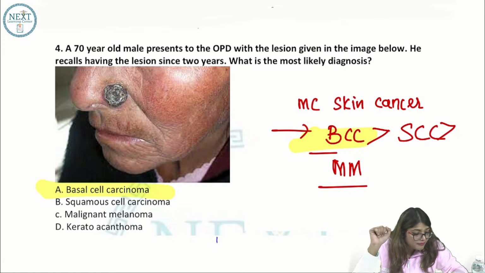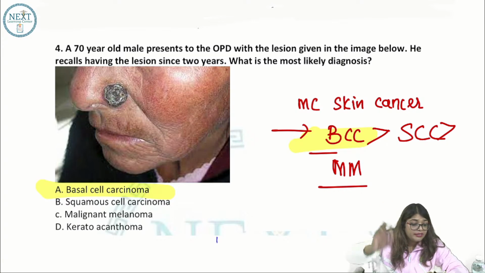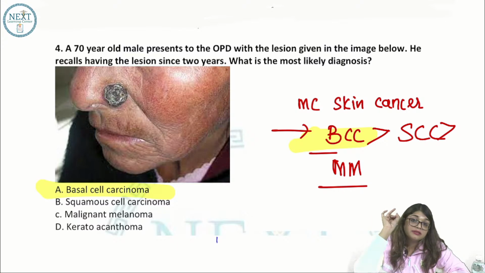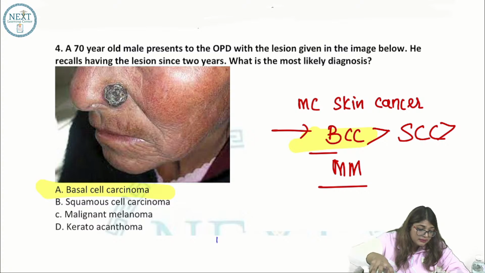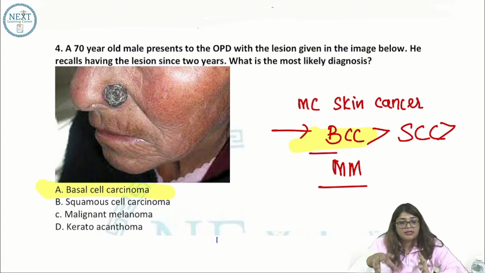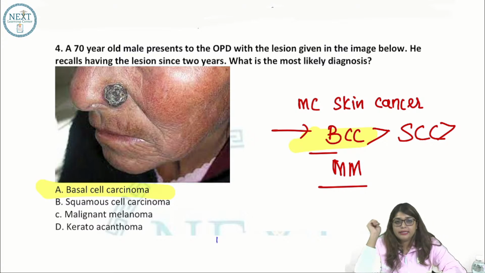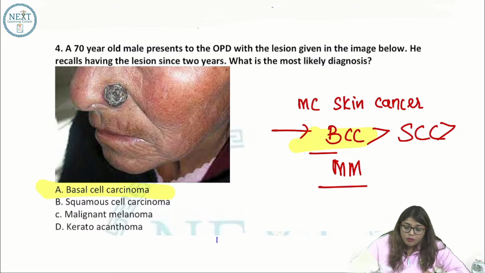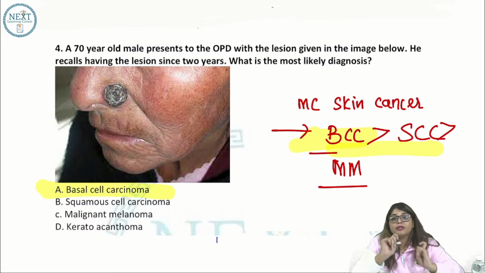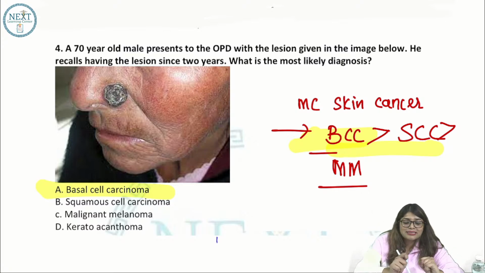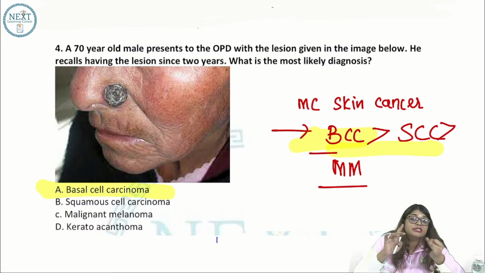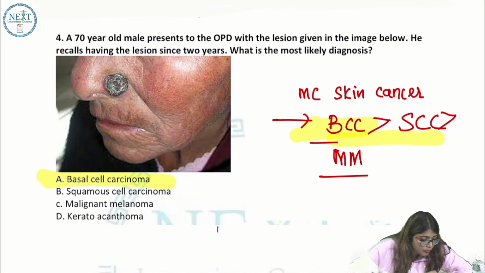You will choose squamous cell carcinoma as the answer, right? You will get the PDF in the integrated learning channel. So this is very important. The most common skin cancer is basal cell carcinoma. The second most is squamous cell carcinoma, and the third is malignant melanoma.